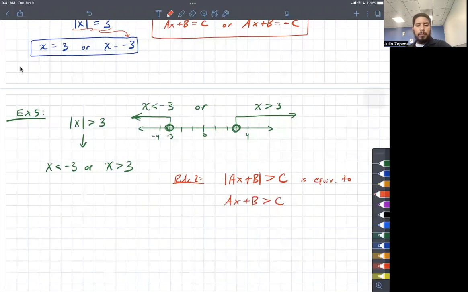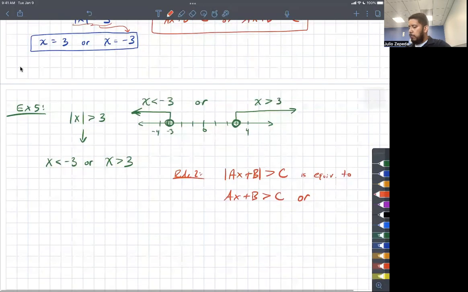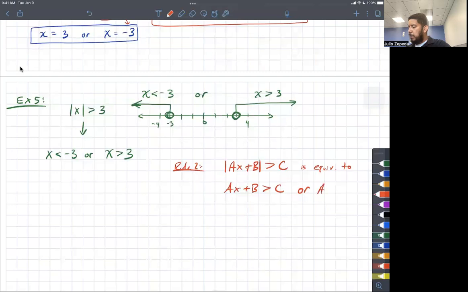We drop the absolute value symbol. That's one of our inequalities. Or, it is very important that you have this or here, ax plus b is less than negative c. So just like in one of our inequalities earlier, we flipped the sign, and then the positive 3 became a negative 3. The c becomes the opposite of c.